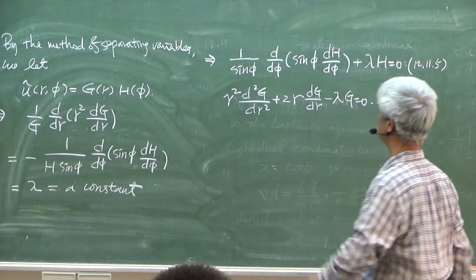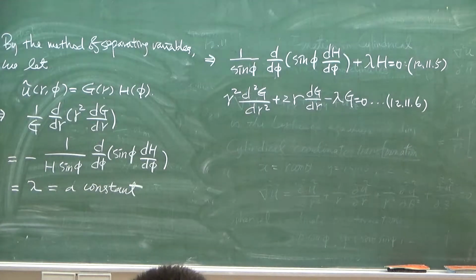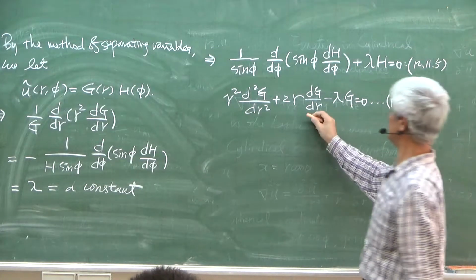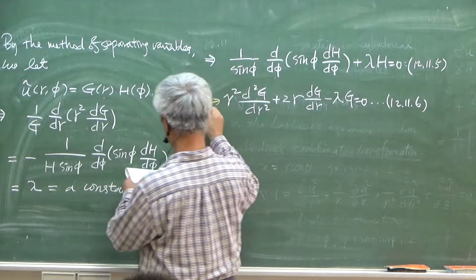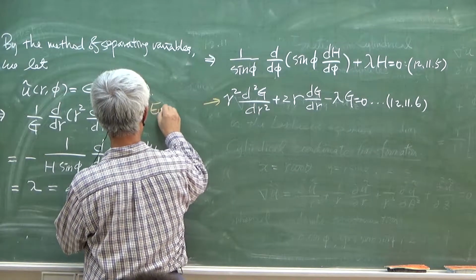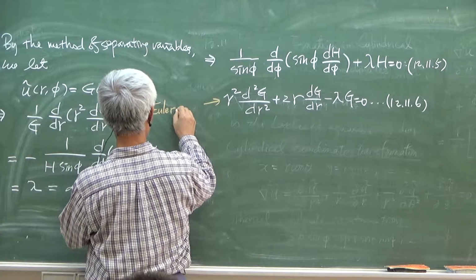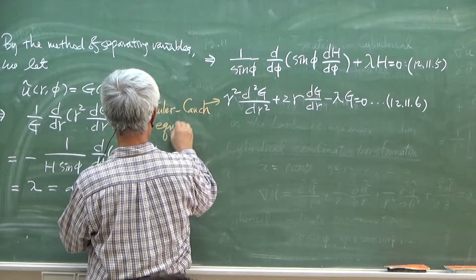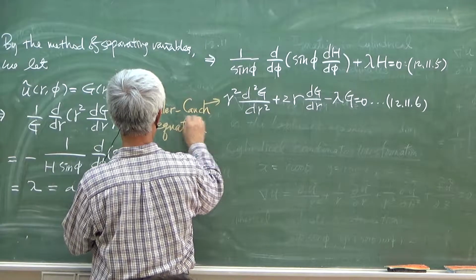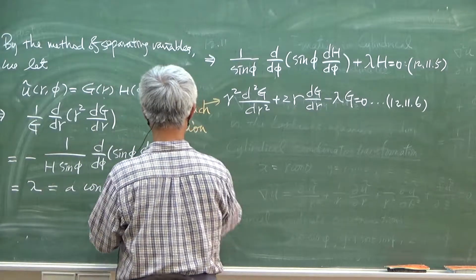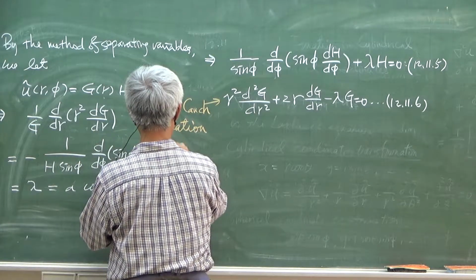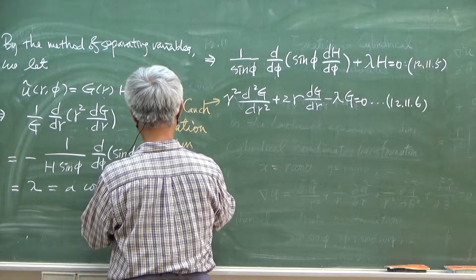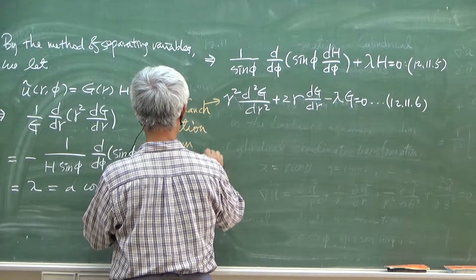6. And this is actually the famous Euler-Cauchy equation, when lambda is equal to n times n plus 1.